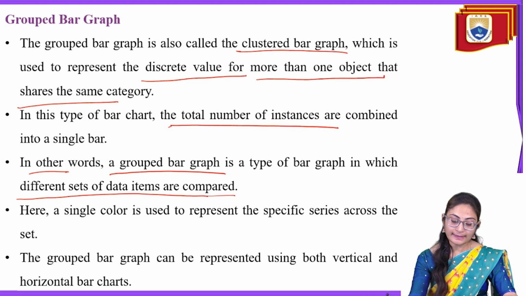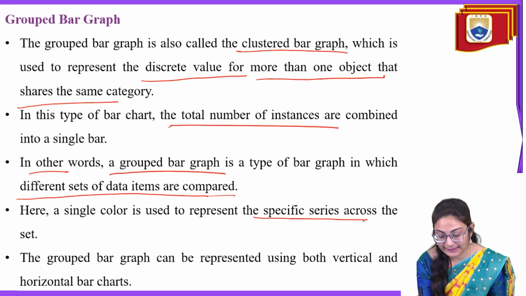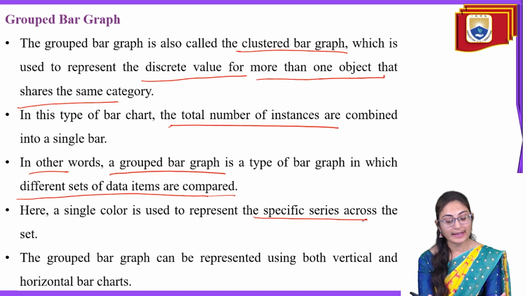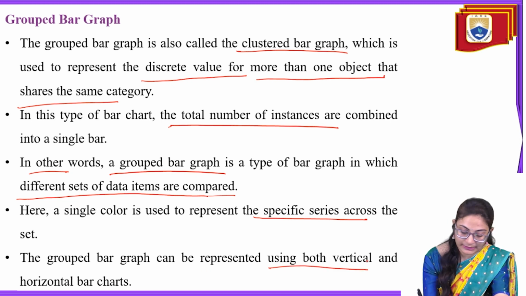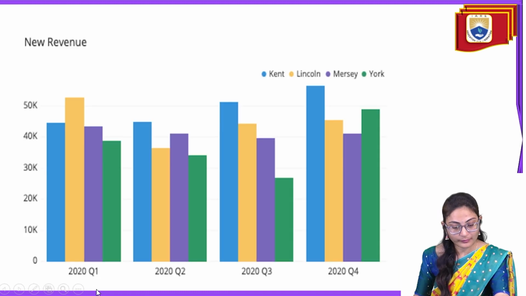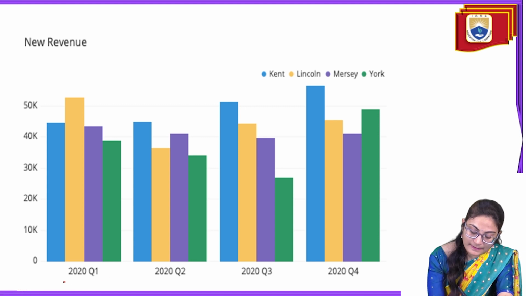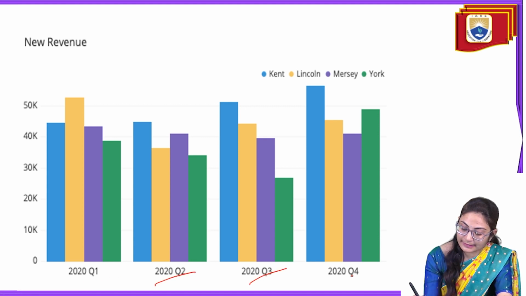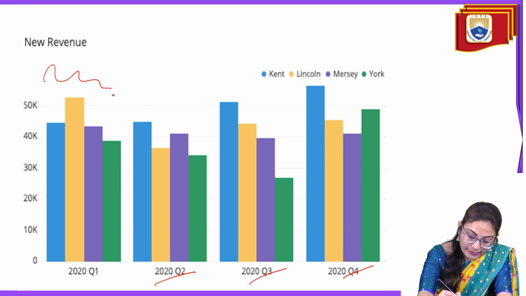Here, a single color is used to represent a specific series across the set, and the group bar can be represented using both vertical and horizontal bar charts. Here you can see there are different quarters, quarter 1, quarter 2, quarter 3 and quarter 4, and this data is shown in one group.